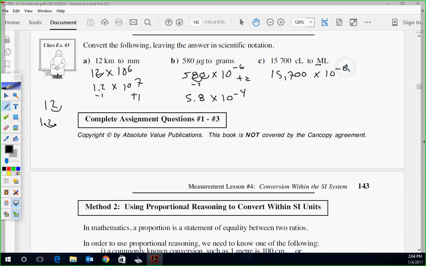Then we're also going to go 1, 2, 3, 4. So we're going to have 1.57 where we subtracted 4, so we add 4. 1.57 times 10 to the negative 4, and that's megaliters. Sorry, it's important to put these units here. We should have G there, and we should have MM there.